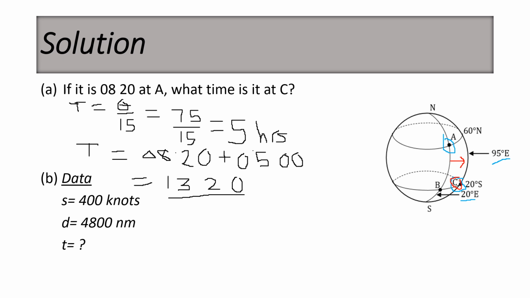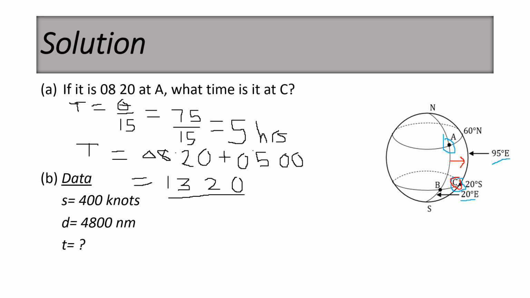A plane flies from A to B at a speed of 400 knots. How long does the journey take, if AB is equal to 4,800 nautical miles? So we have the data here: the speed is 400 knots, the distance 4,800 nautical miles.